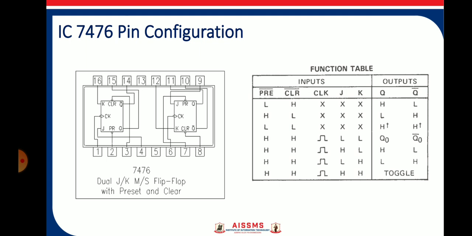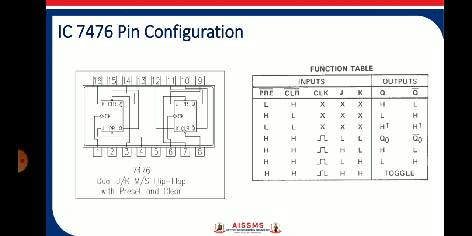We can see on the right hand side there is a functional table. If preset and clear are both connected to logic 0, case 3, then the output is undefined. That means it will not work in a proper manner. To get the truth table of a JK flip-flop, we are supposed to connect the PR and CLR pins to logic 1.